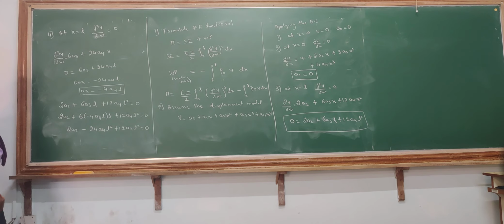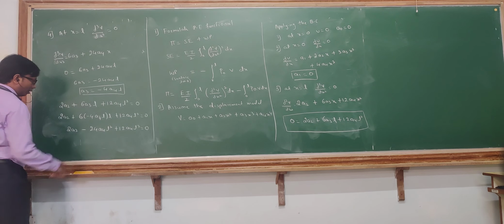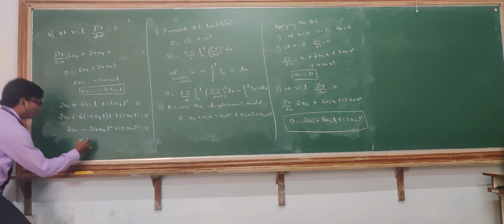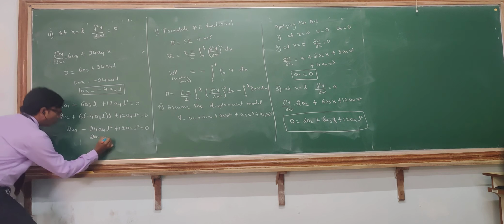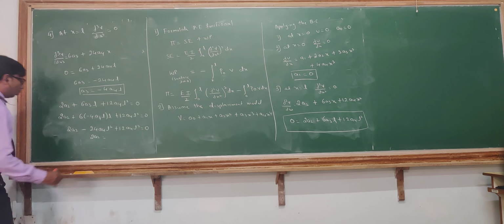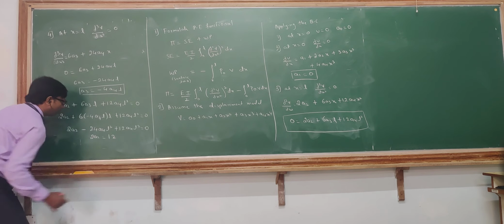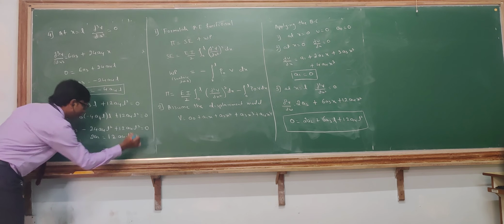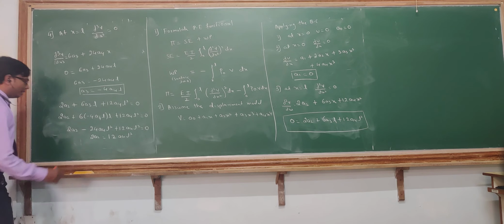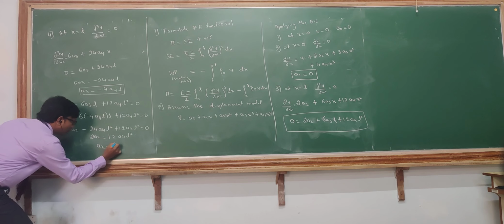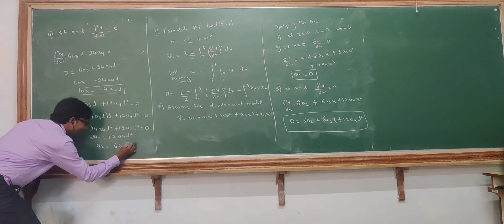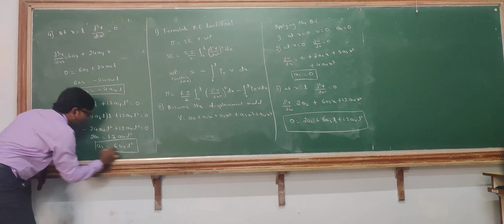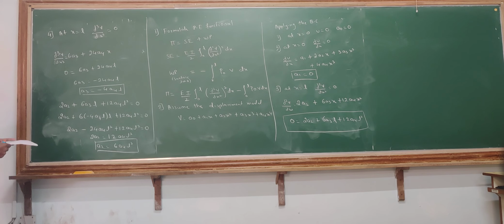So 2a2 will be equal to 12a4L², whereas a2 is nothing but 6a4L². Let me check it out.